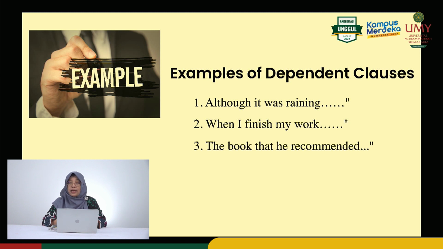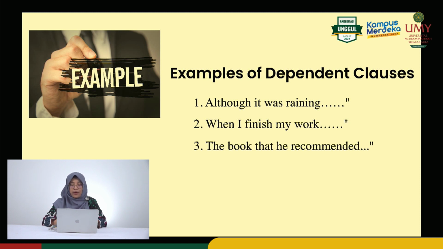The book that he recommended. If you see this example, the book that he recommended, here that he recommended functions as the dependent clause, specifically an adjective clause, because that he recommended explains or describes the book in this case.